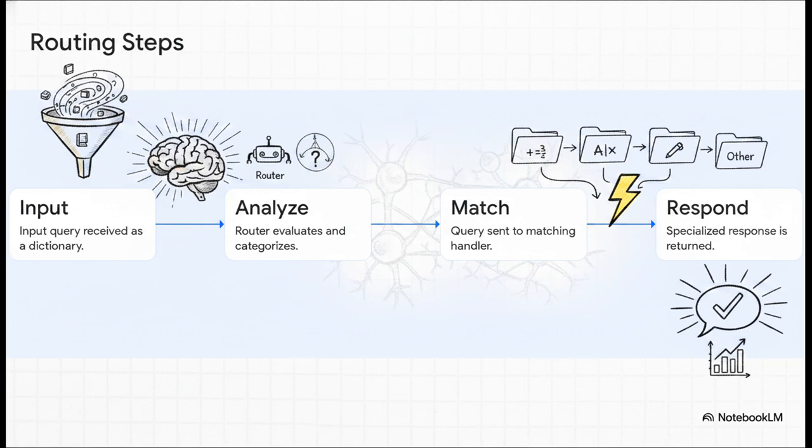Now, this router can be a randomized function if you're just testing things out, or in a real-world scenario, a dedicated LLM whose only job is to analyze and categorize that query. Step 3, based on that analysis, the router conditionally triggers the right handler function. It sends it to the math department, the writing department, or maybe a general catch-all department. And finally, in step 4, that specialized department processes the query and fires back a highly accurate response.